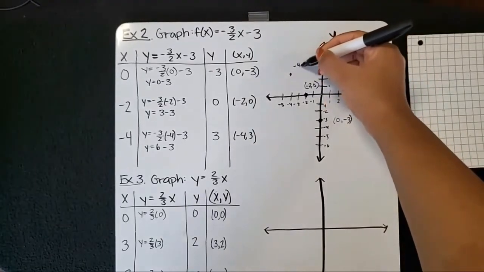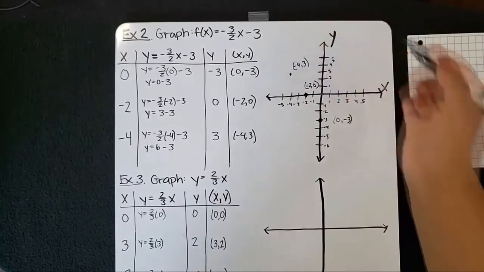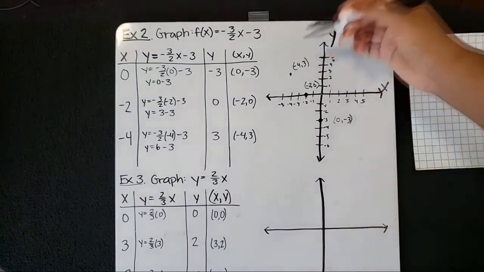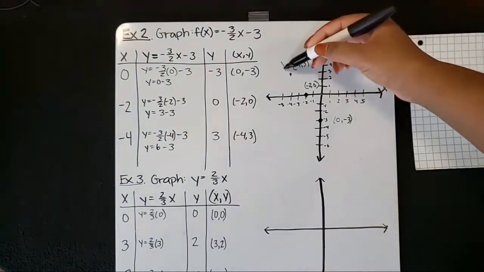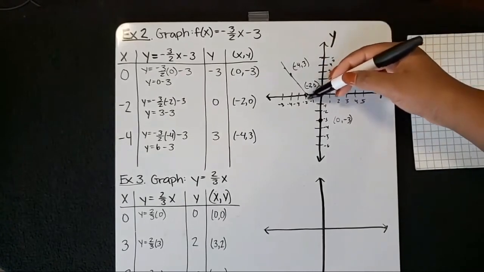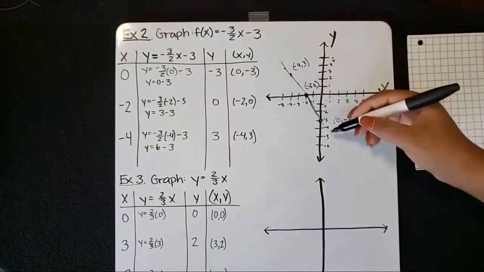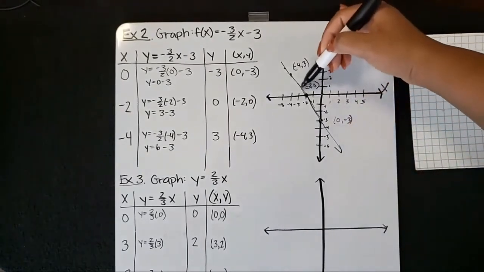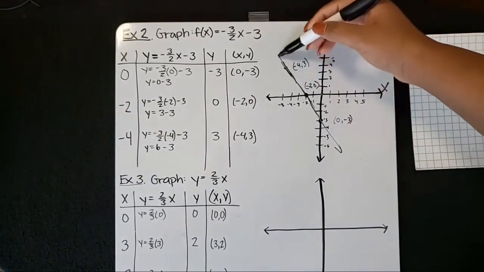So this one is -4, 3. Now all we have to do is connect our lines, and as you guys work on your graph paper, I want you to use a ruler so that your lines will be as straight as possible.